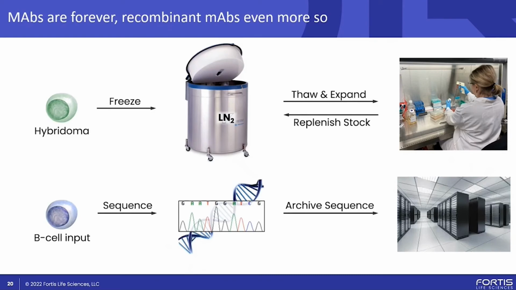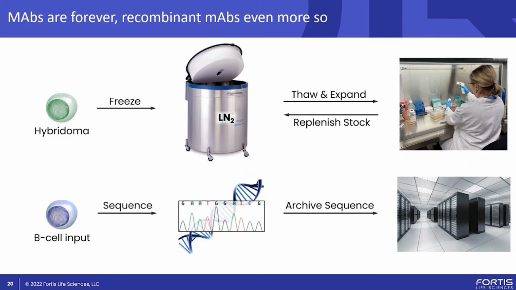So another important aspect of using monoclonal antibodies as tools is that you should be able to go back and make them as often as you want. They should not be a limited resource. So this is true for both hybridomas and recombinant-derived antibodies. However, in the case of hybridomas, you're dealing with a physical material.